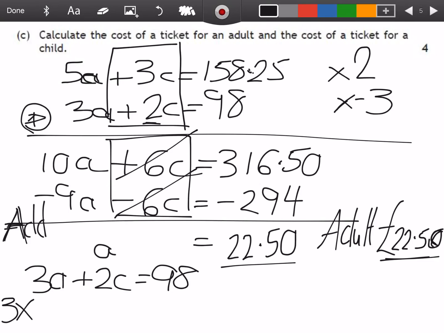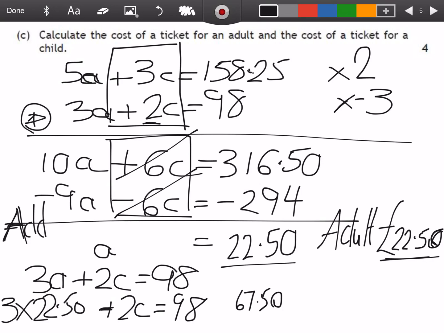So that means 3 times 22.50, add on 2C is equal to 98. Now when I do 3 times 22.50, I get £67.50. So what I've got is £67.50, add on 2C is equal to 98.